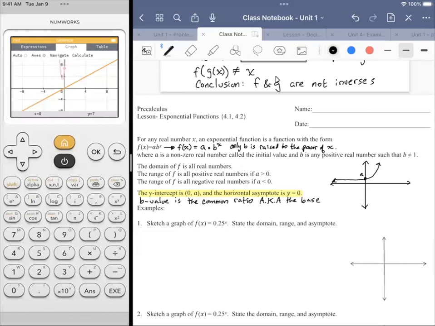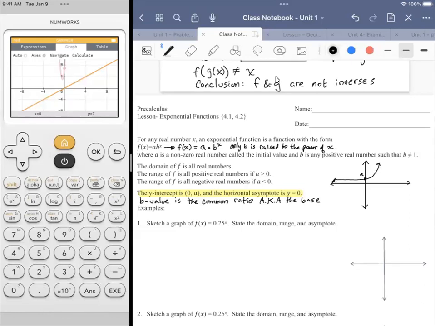It gives us a sense of the rate of increase of the function. It's going to vary from problem to problem, because sometimes it's going to decrease in height, sometimes it's going to increase in height. It all depends on how the function is transformed.